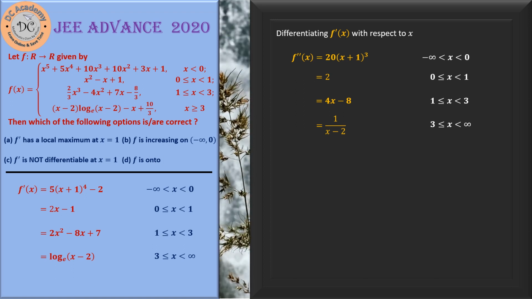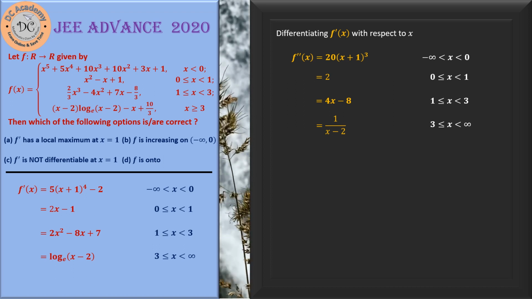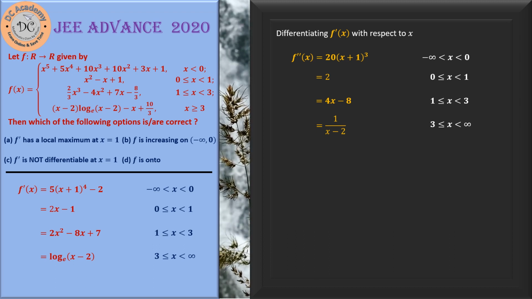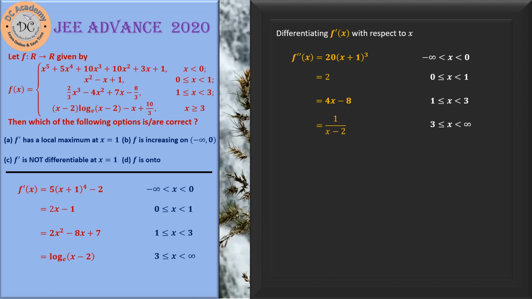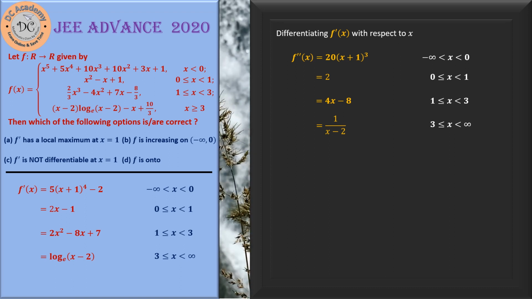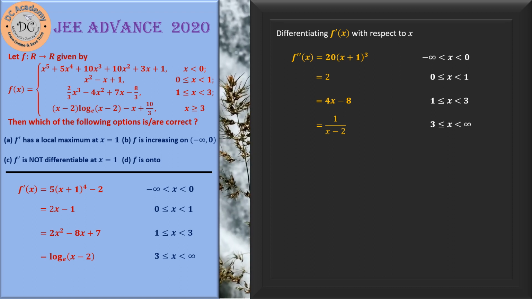Now we need to find the local maximum at x equal to 1. How do we test the local maximum? For that, we need to find whether x equal to 1 is a critical point or not. So we take f dash x equal to 0.